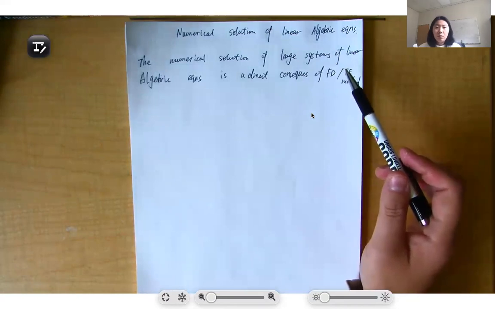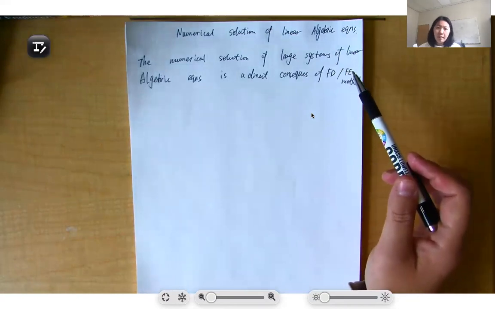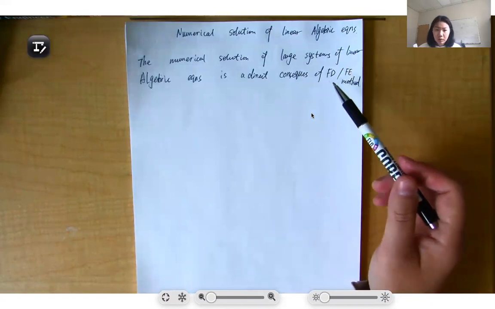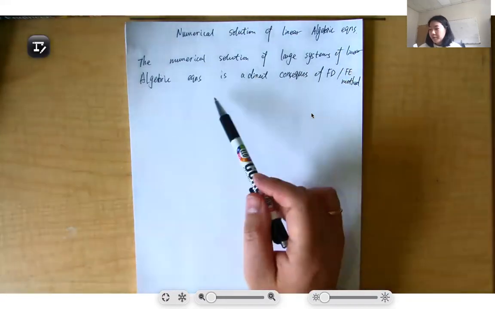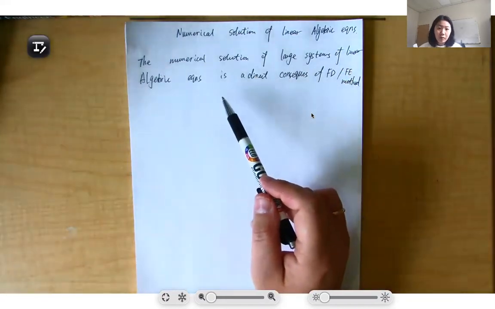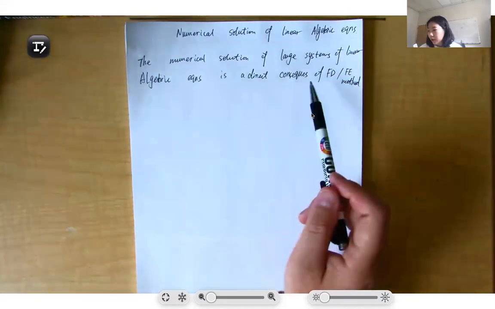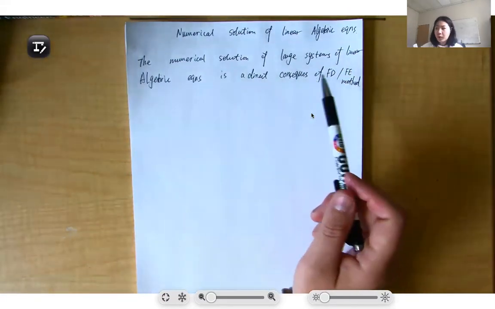If you just use Gauss elimination, that can be an issue because you couldn't solve it. So in this topic, we will talk about what kind of numerical solution we can use for such a large system of linear algebra equations.